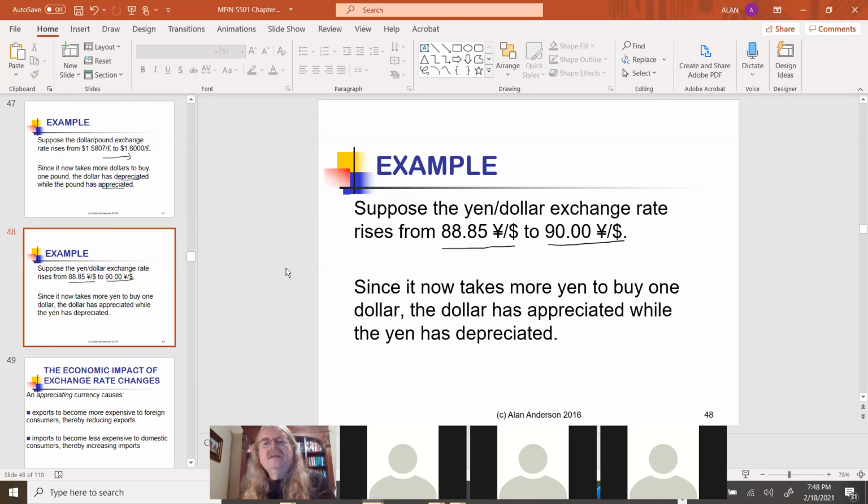What happened? Well, it now takes more yen to buy a dollar, which means the dollar must have appreciated and the yen must have depreciated. Because again, it's the fact that it takes more yen to buy a dollar. That's what ends up happening.